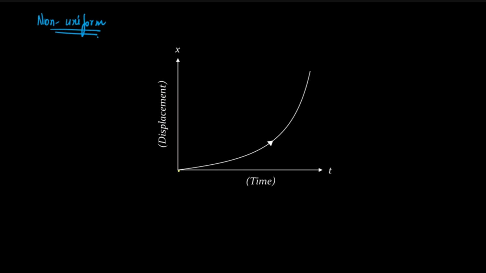In the uniform motion, the time taken and the distance covered are proportional. But in non-uniform motion, time taken and distance covered are not proportional.